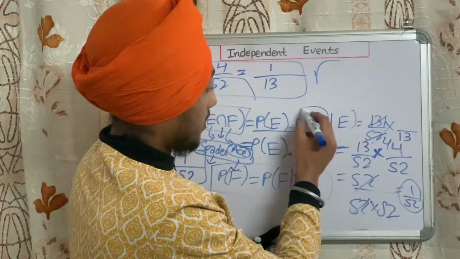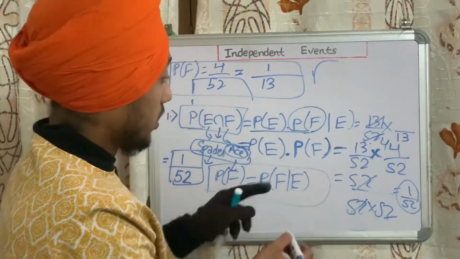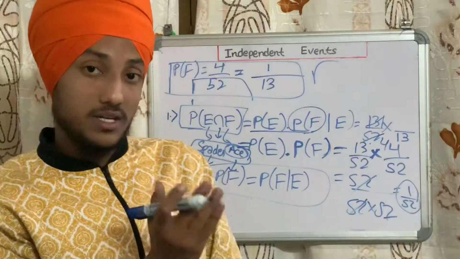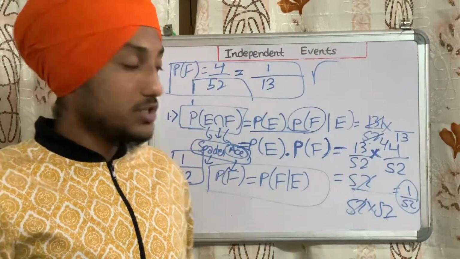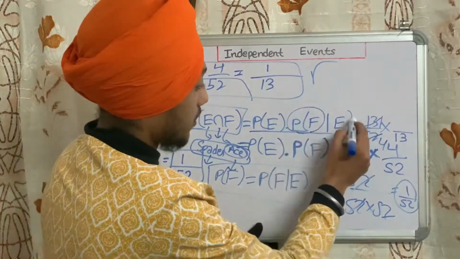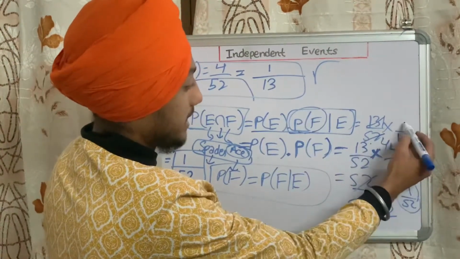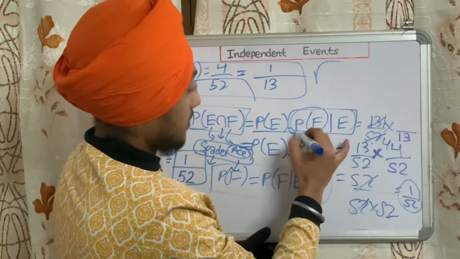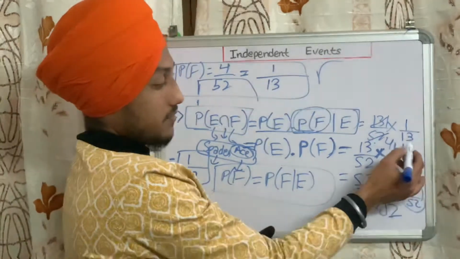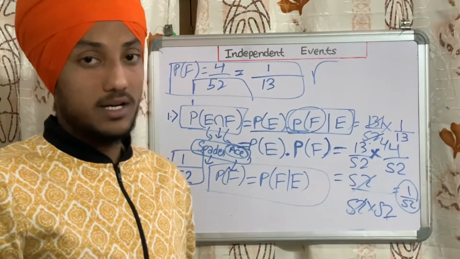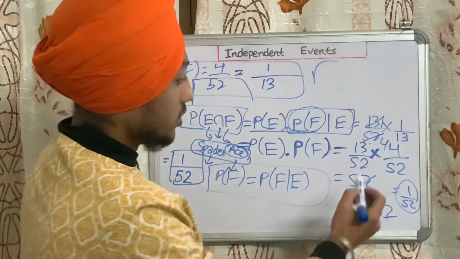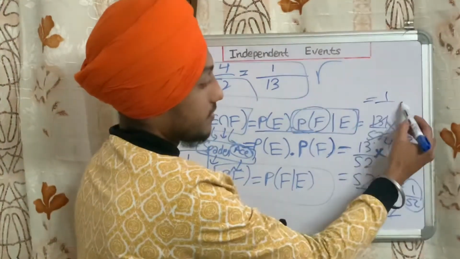For finding the probability of F, we're going to write first the probability of E. So in an independent event, we are going to choose the probability of F. What's the probability of F? We know that it is 1 from this whole 13 cards, so it is also 1 by 52.